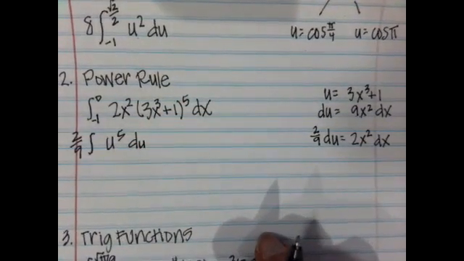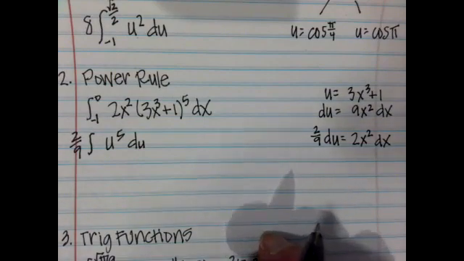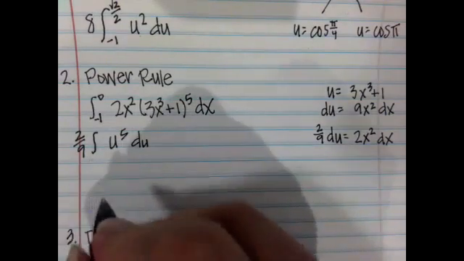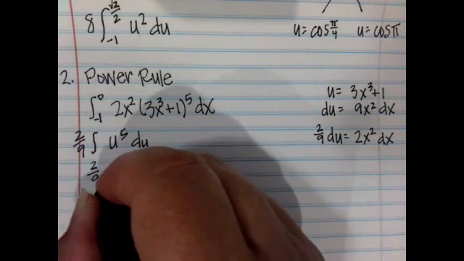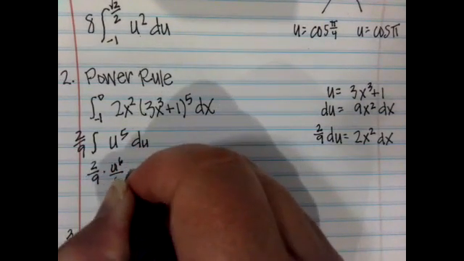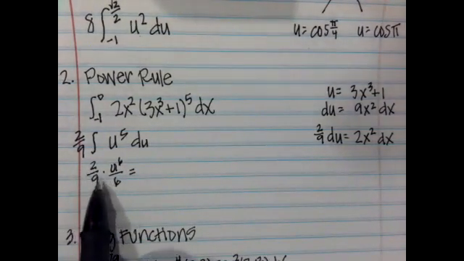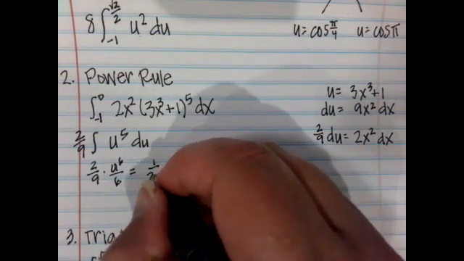Pretty simple, right? And then we've got to do our antiderivative. And so that would be 2/9 times u to the 6th over 6. And if I want to rewrite that, that's 1/27 u to the 6th.